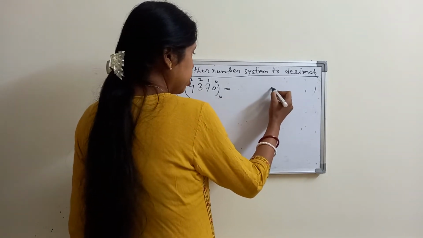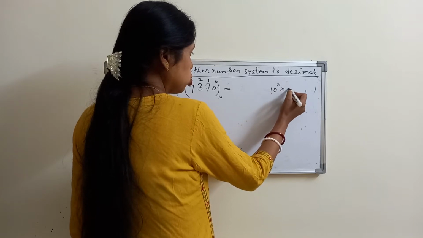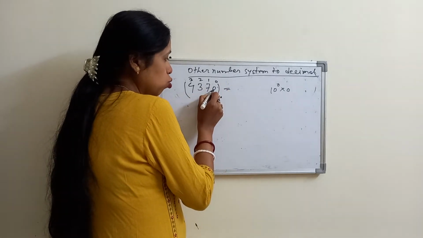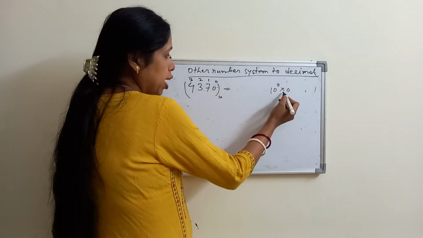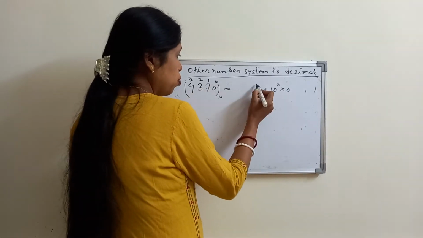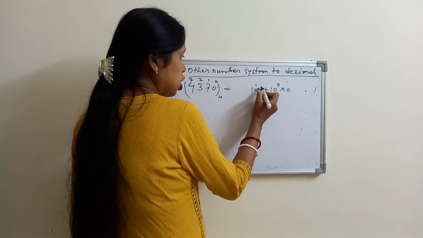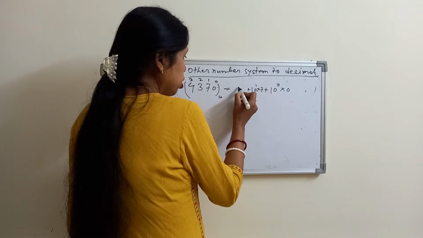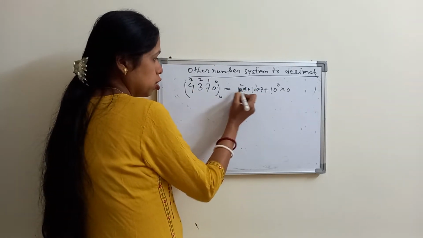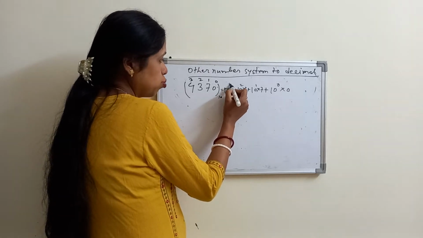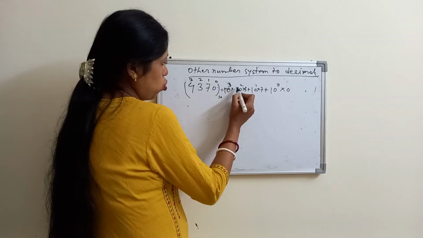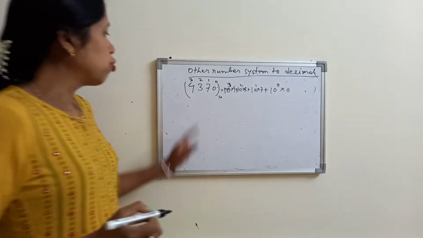So here I can write 10 to the power 0 into the coefficient. That is, base to the power of the unit place into the coefficient, plus base to the power of the position into the coefficient, again 10 to the power 2, and again 10 to the power 3 into 4. In this way I can write 4370.